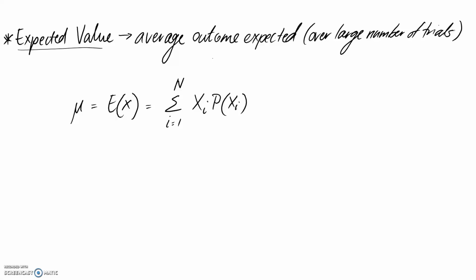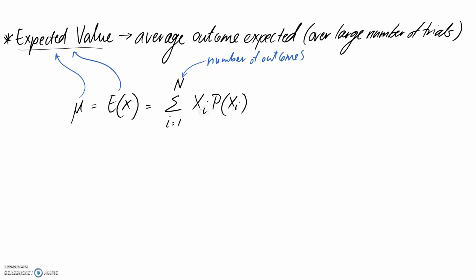You can express your expected value as either mu or E(X). These are both the same thing. And this is the symbolic representation of how you calculate it. So i equals 1 to n, that's like counting up through each of your different outcomes, where n is the total number of outcomes.